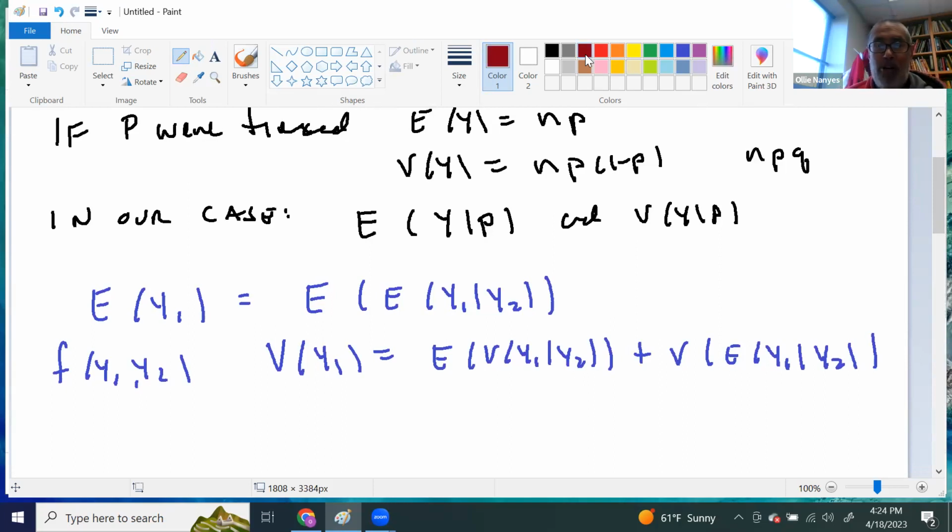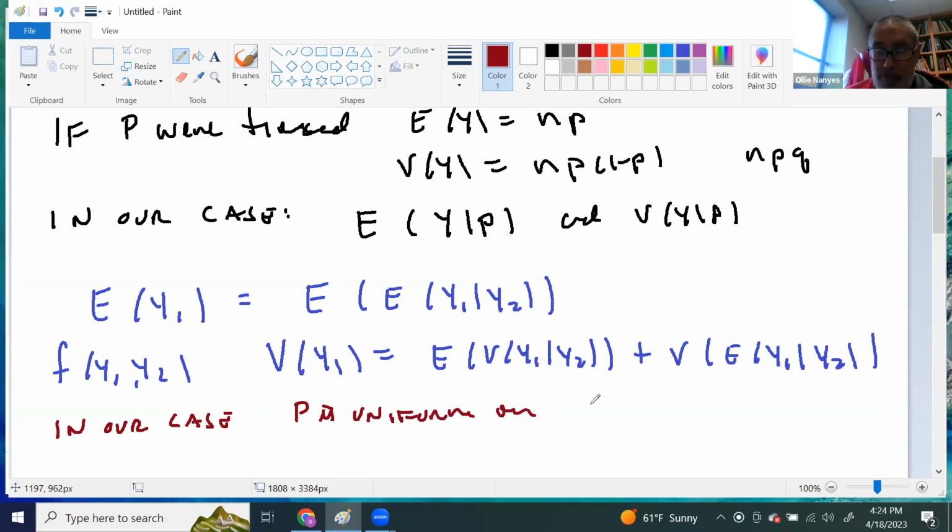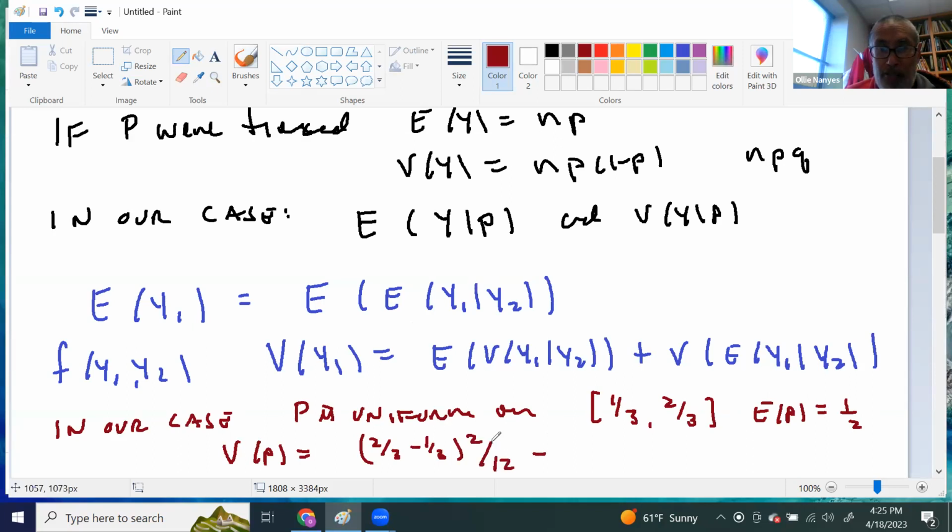So using them, in our case, since p is uniform on 1/3 to 2/3, the expectation of p is going to be a half, that's midway, and the variance of p will be (2/3 minus 1/3) squared over 12, which is 1/9 divided by 12, which is 1/108.